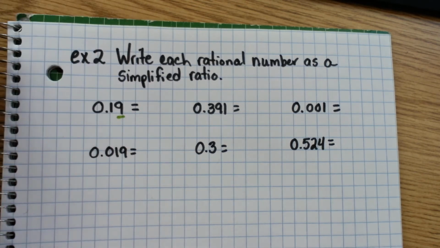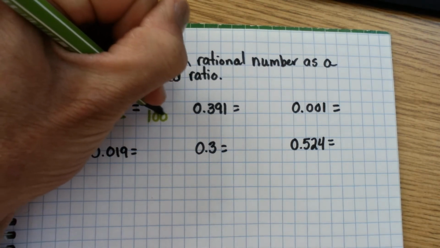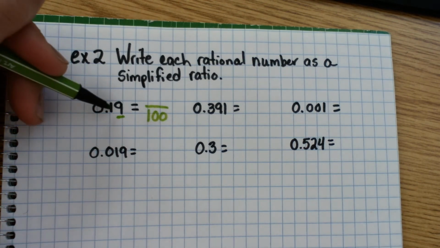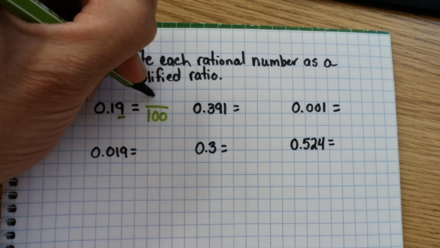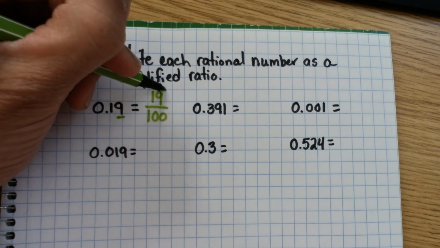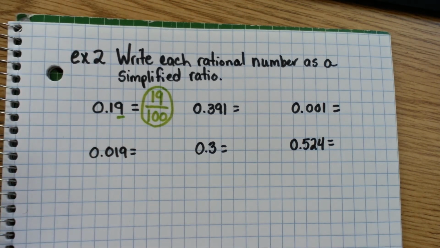The 9 is in the hundredths place, so I know that will be the denominator of my fraction. And then there are 19 hundredths, so 19 becomes my numerator, and I don't believe that can be simplified. So there's our answer written as a simplified ratio.